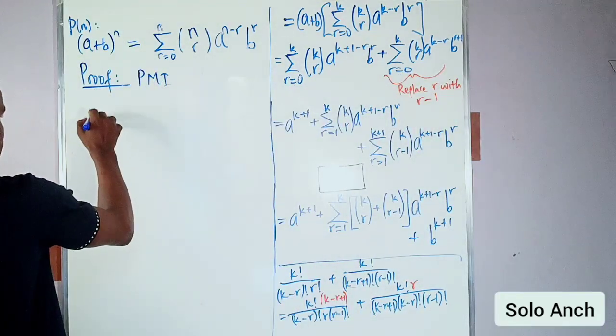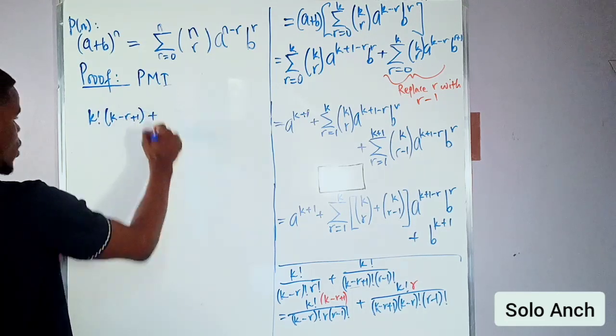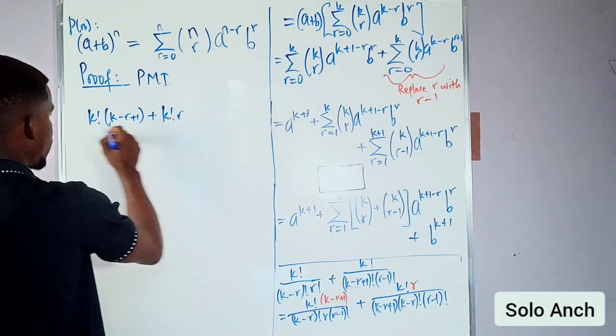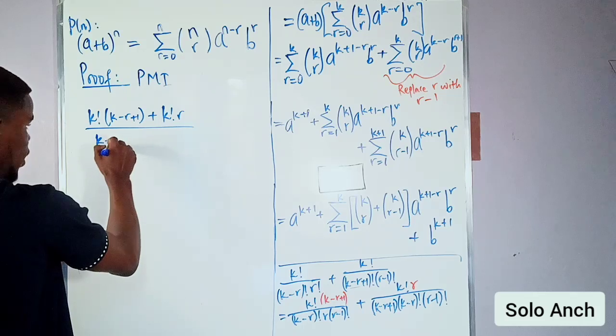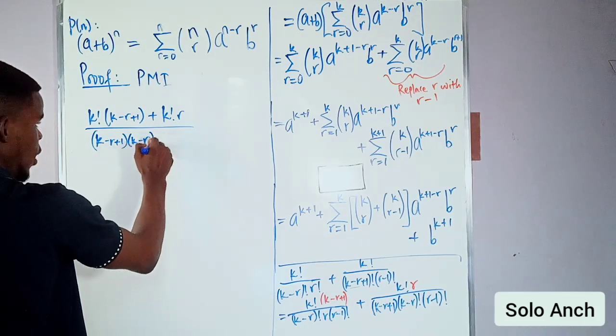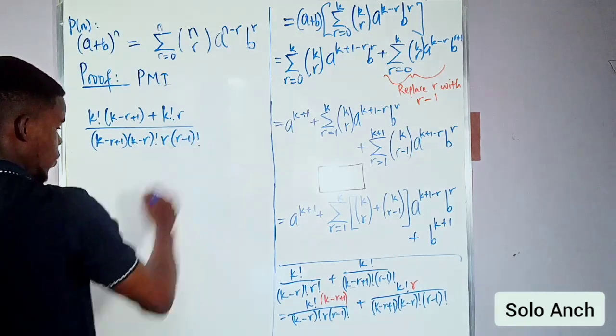So that will be k factorial times k minus r plus 1, added with this other one, k factorial times r, divided by k minus r plus 1 times k minus r factorial times r minus 1 factorial.